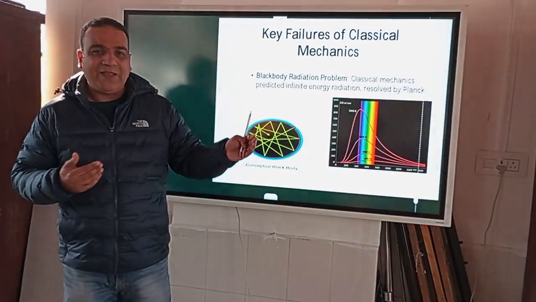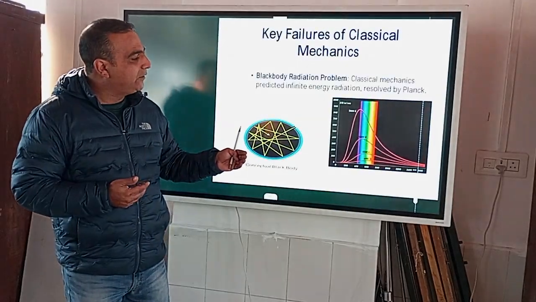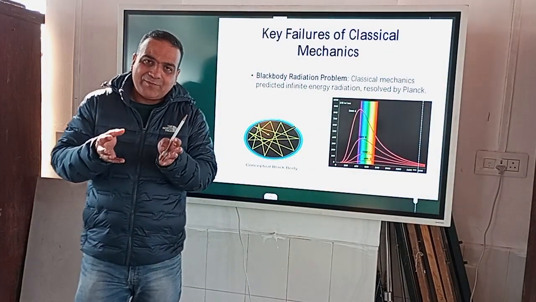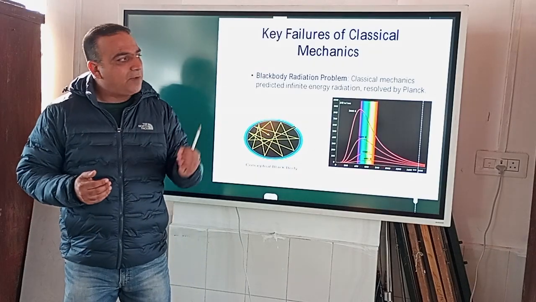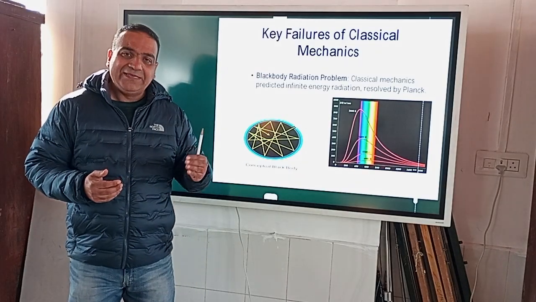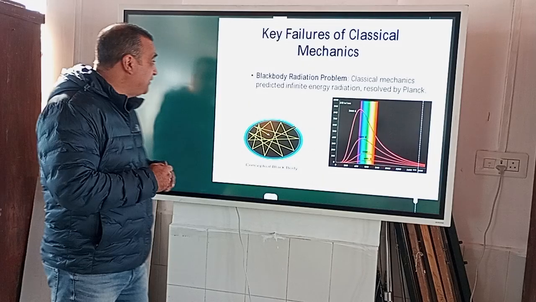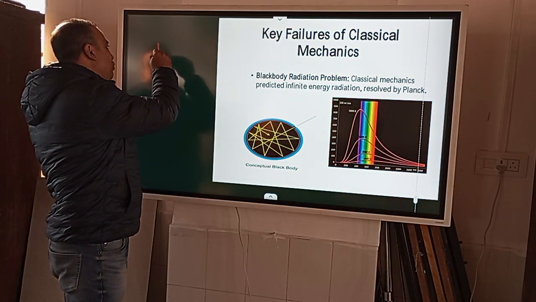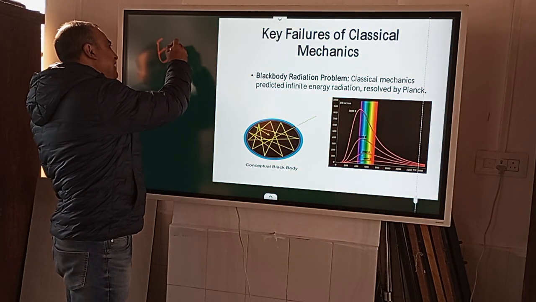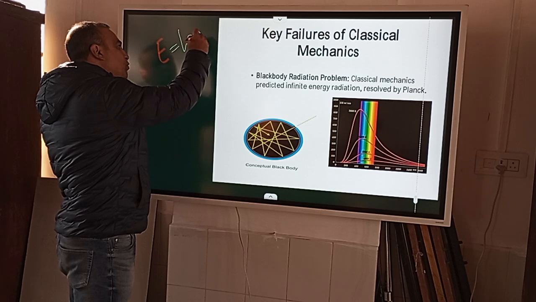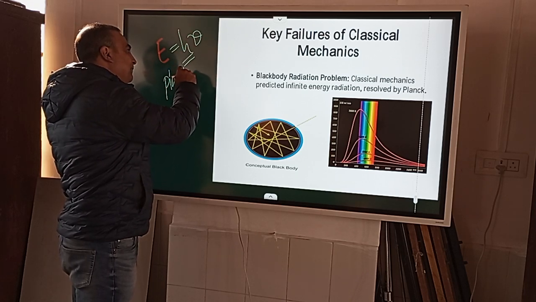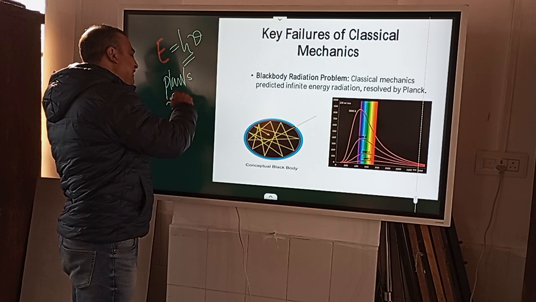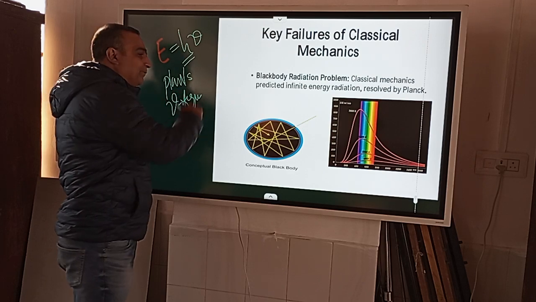One of the important postulates of Planck's black body radiation law is that the black body absorbs energy in the form of quanta, and each quantum has an energy E equal to h nu, where h is called Planck's constant and nu is the frequency of the photon.